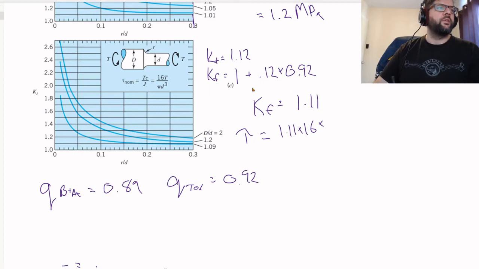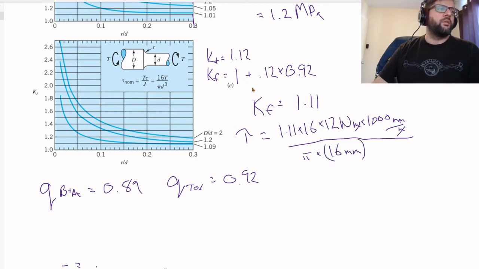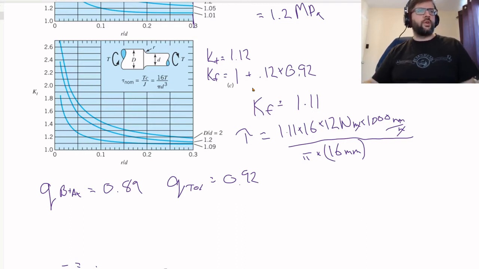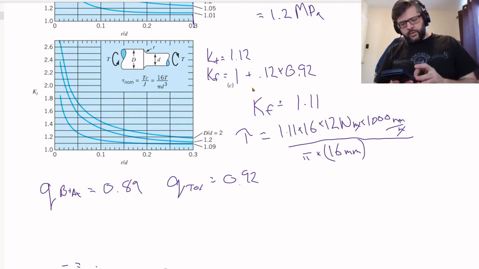So 12 Newton meters times 1,000 millimeters per meter, divided by pi times 16 millimeters to the third. 1.11 times 16 times 12,000 divided by pi times 16 to the third.